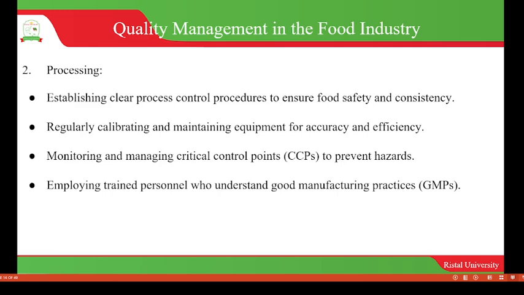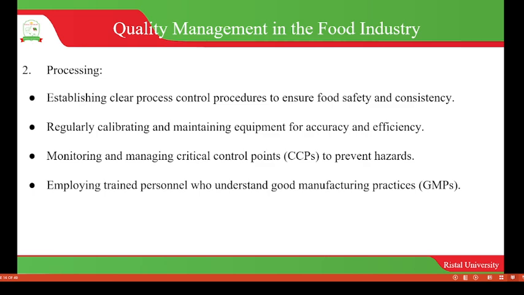Then we have to ensure that we employ trained personnel who understand good manufacturing practices. This is very important because if we employ an individual who doesn't know anything about good manufacturing practices to work in the industry, there are higher chances of this person producing products which are of poor quality and unsafe.